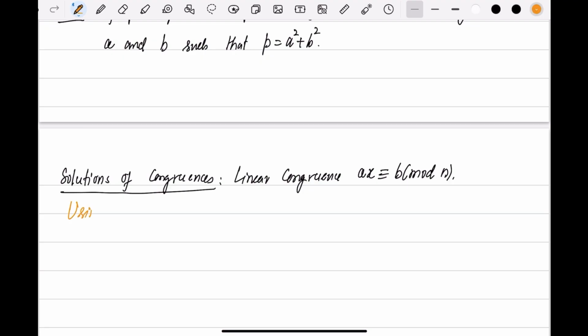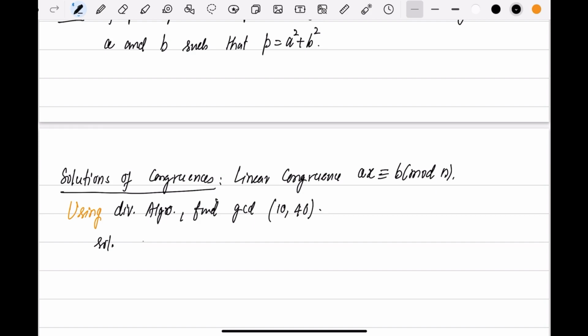Using the division algorithm, let's find the GCD of 10 and 46. So what do we do in the solution?